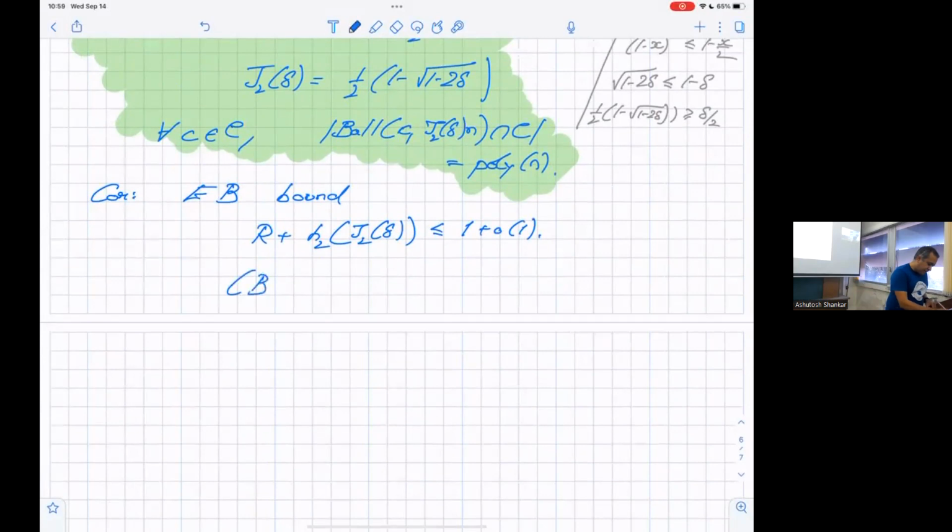By design, that's the main bound which we wanted to have. By design, EB is better than Hamming.